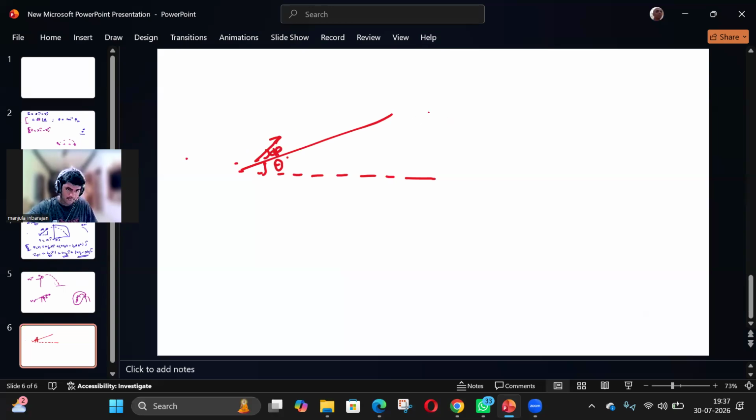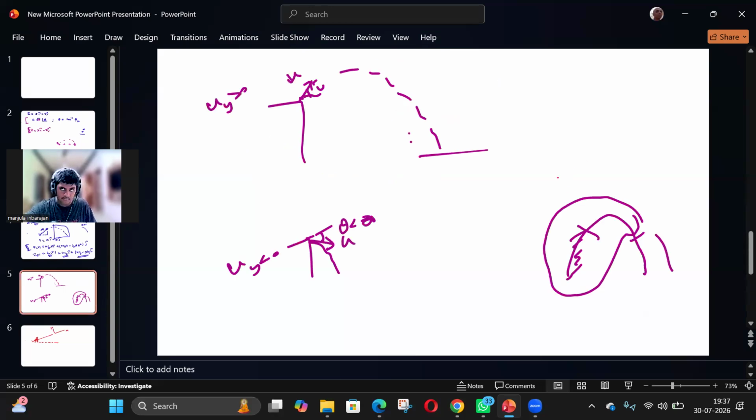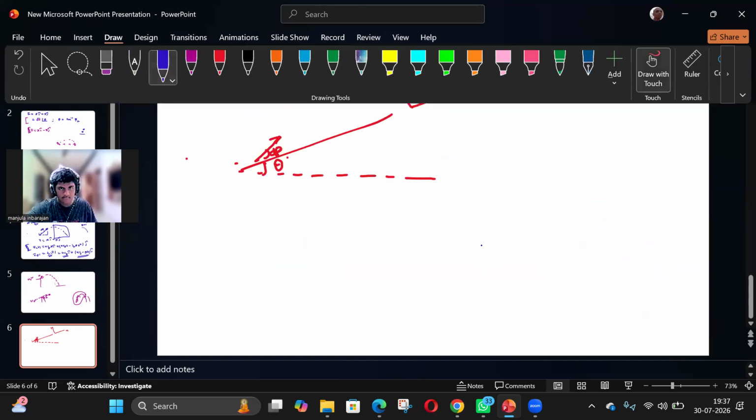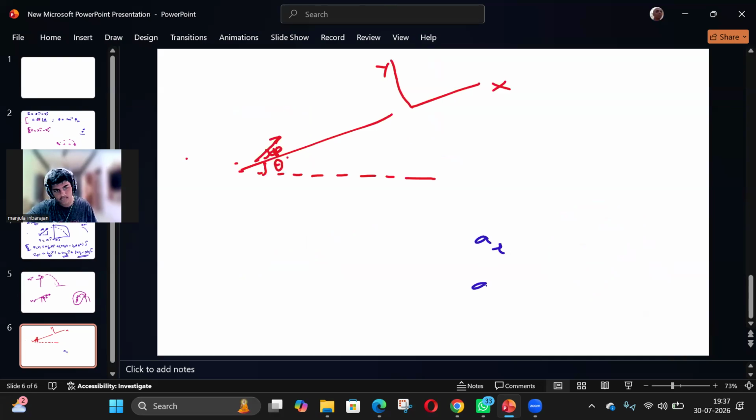One way of analysis: take the x-axis along the plane and the y-axis perpendicular to the plane, with acceleration present in both x and y. In ground-to-ground projection or projection from a height, acceleration is only in the vertical direction, and the horizontal direction is constant velocity motion. But here ax is there, ay is there. Both directions have acceleration. g is vertically downwards.